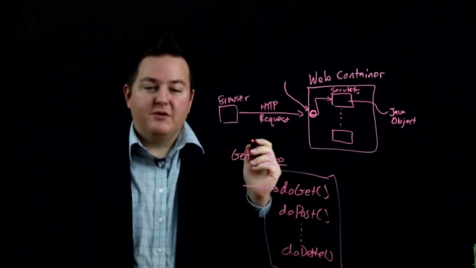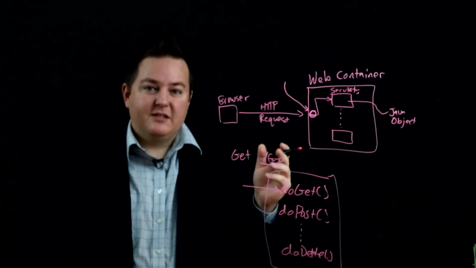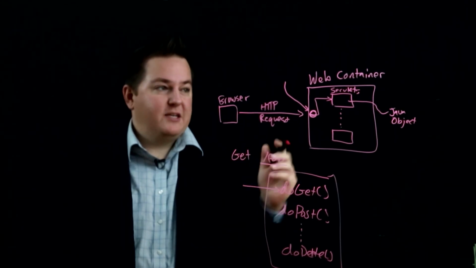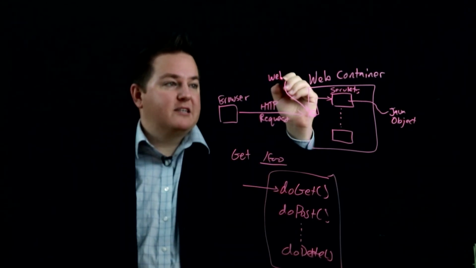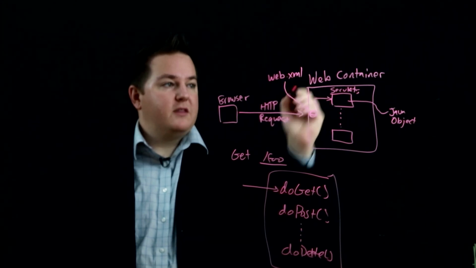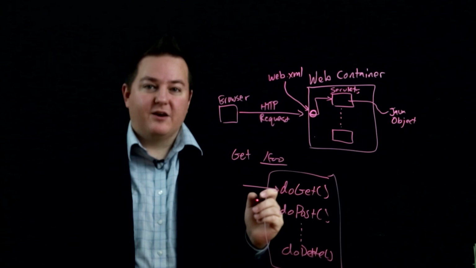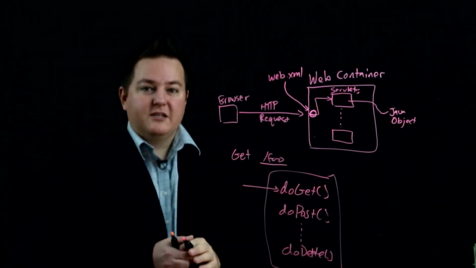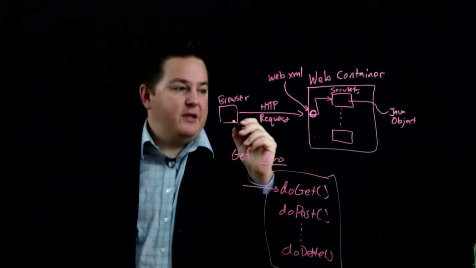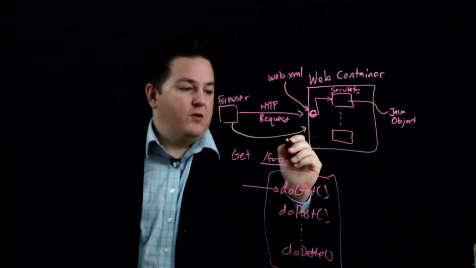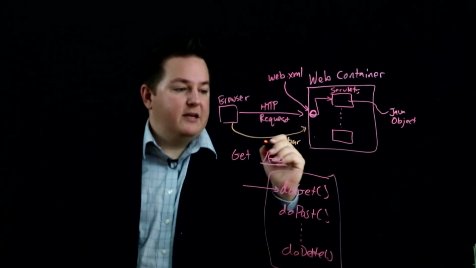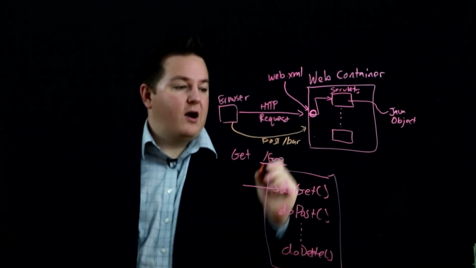And in Java, the way that servlet handling and routing is specified is through a web.xml file. This is a specialized file that tells the web container what to do when a particular request comes in. So let's say we get a new request here for /bar, and it's a POST to bar.